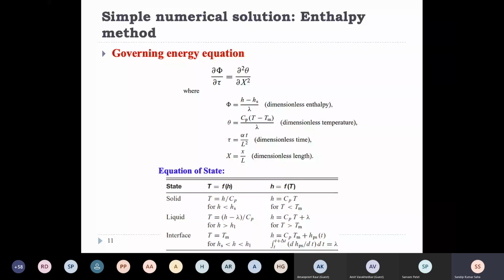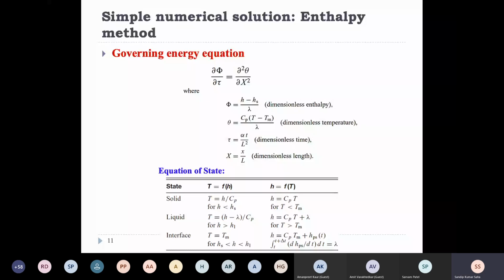So whatever energy equation you write, rho Cp del T by del t equal to K del square T by del x square, on the left hand side, if you put rho C inside the del T, it will always give you del rho H. You can easily convert it into H. But the right hand side you cannot convert to H unless you divide it by Cp.